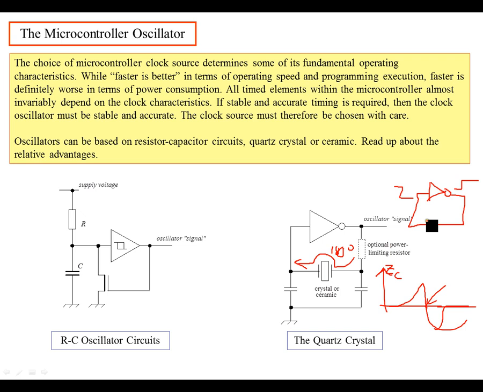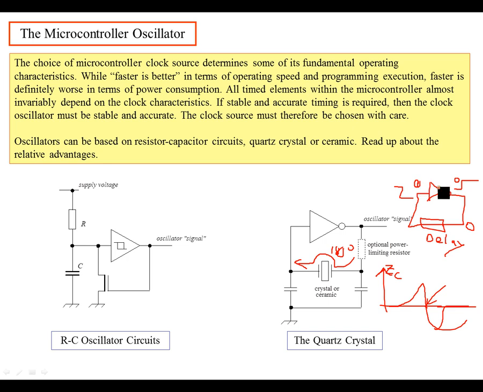And then you're going to have feedback, so it's never going to have a stable state. So, for example, let's say this is a 1, the output's going to try to go to a 0, but then there's going to be a delay here. Okay, so this is a delay, and this 0 is going to be delayed, and then it's going to try to force this to a 0.